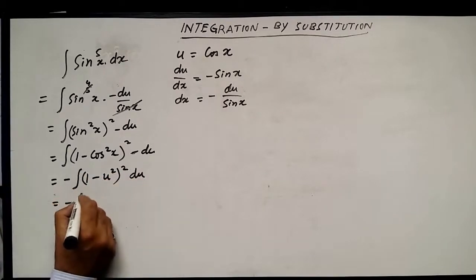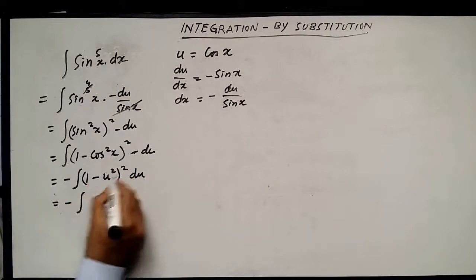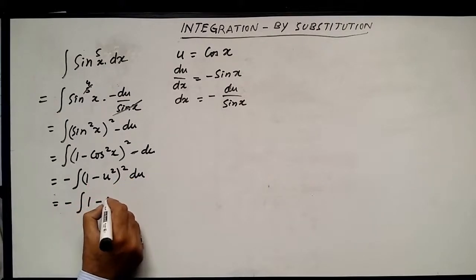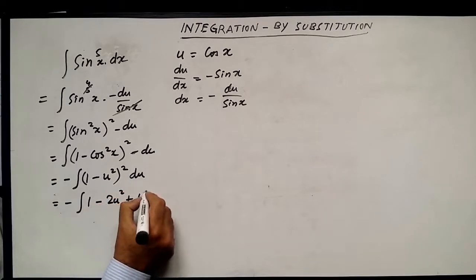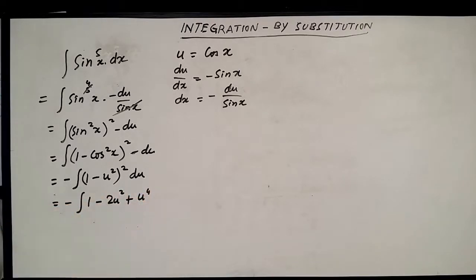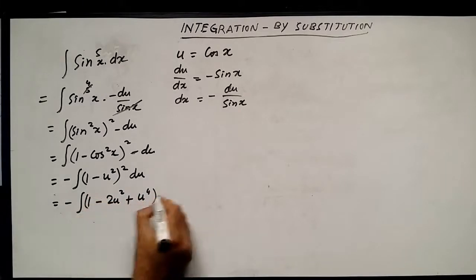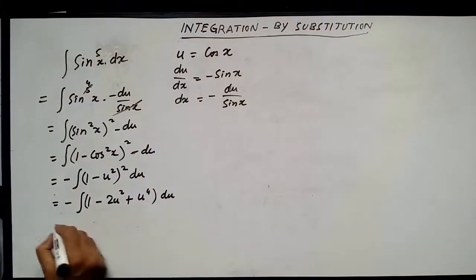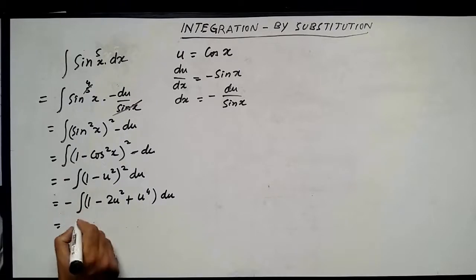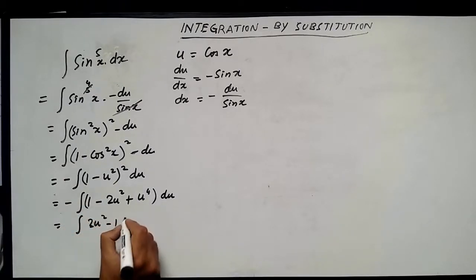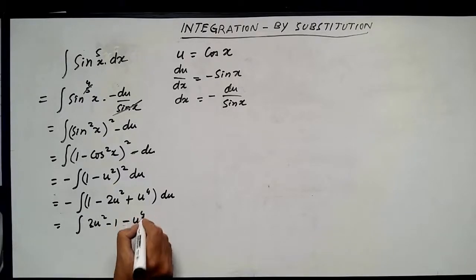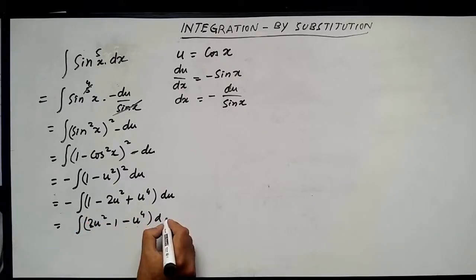So this becomes minus, we expand this expression now, 1 minus 2u squared plus u to the power 4, du. If we distribute this minus, it will become 2u squared minus 1 minus u to the power 4 with respect to du.